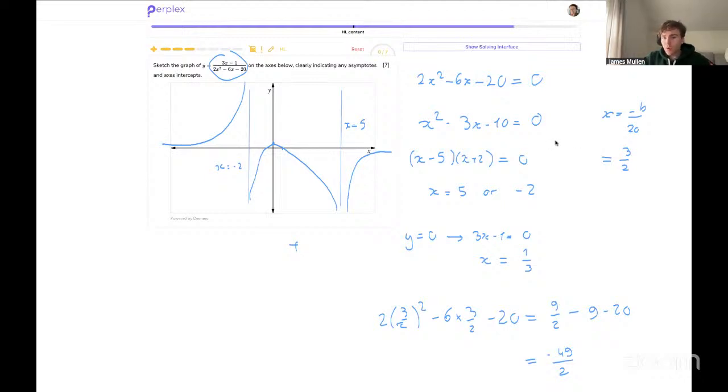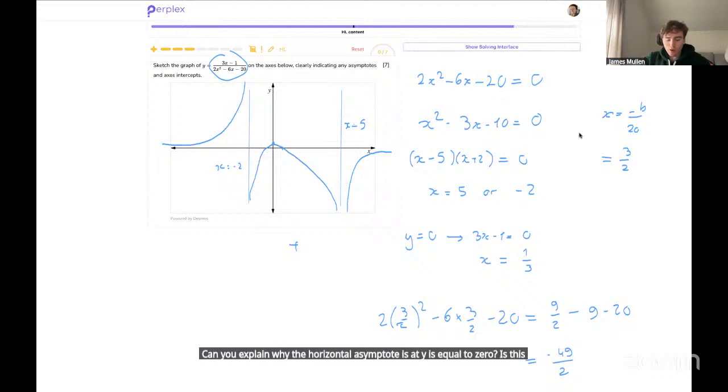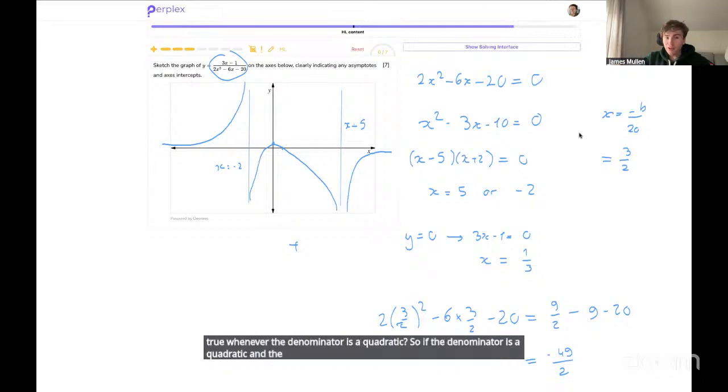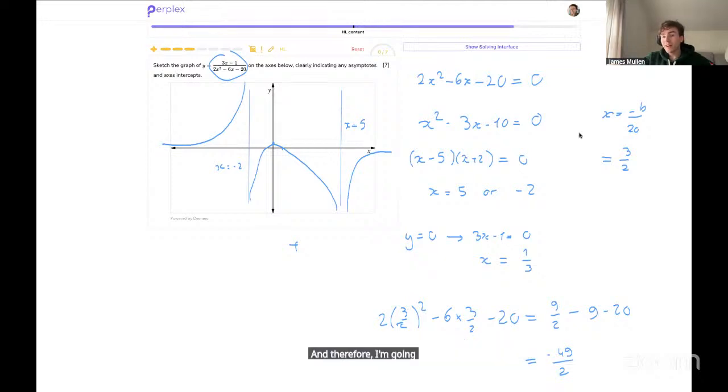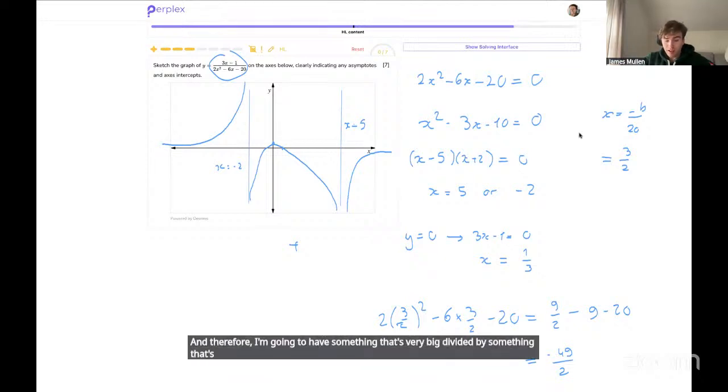Can you explain why the horizontal asymptote is at y = 0? Is this true whenever the denominator is a quadratic? If the denominator is a quadratic and the numerator is linear, so 3x - 1 in this case, then yes, because x² is much, much larger than 3x when x goes to infinity. Therefore I'm going to have something very big divided by something very big but squared, and that's going to give me something close to 0. So that's why I have a horizontal asymptote at 0.